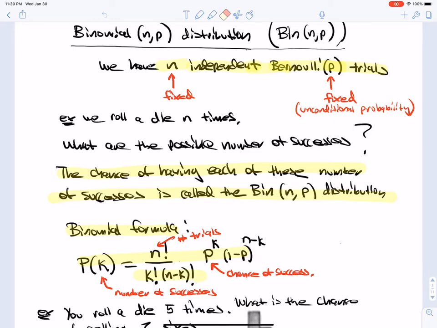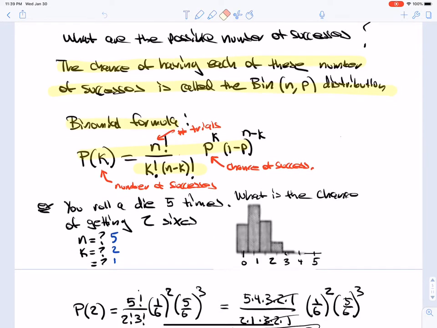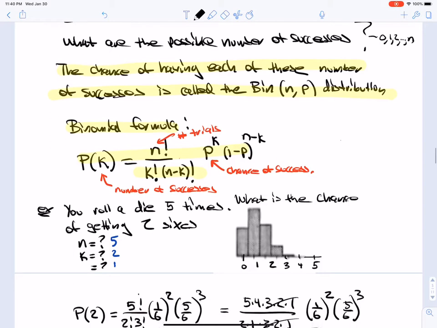And those probabilities are given by what's called the binomial formula. Here k is the number of successes, so this is a number between 0 and n. n is the number of trials. p is the chance of success.